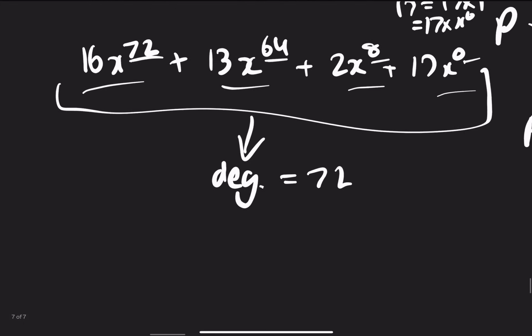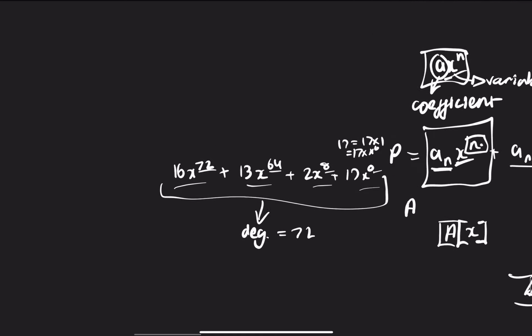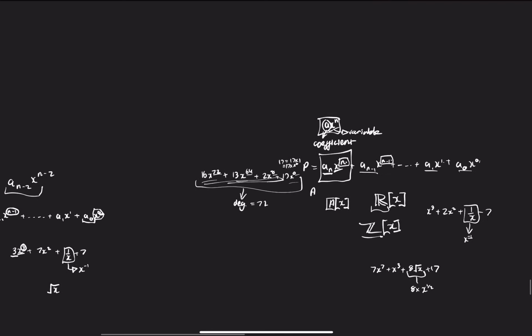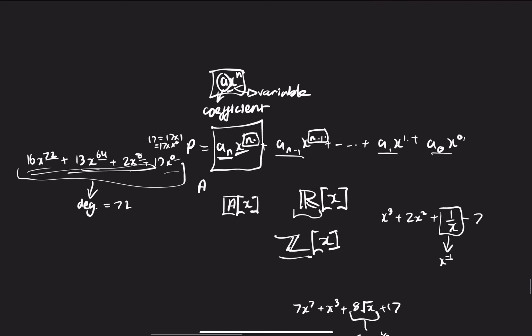So essentially, degree is just the largest power of x inside that polynomial, and you may be getting a bit confused because this does not look very much like our general formula. And to that, I would say you are very much right.